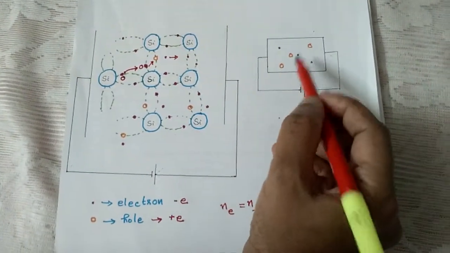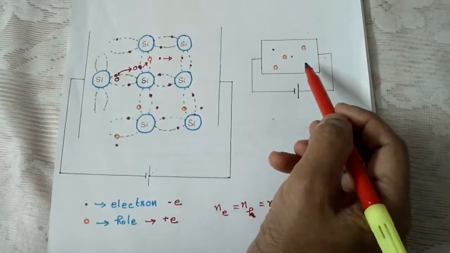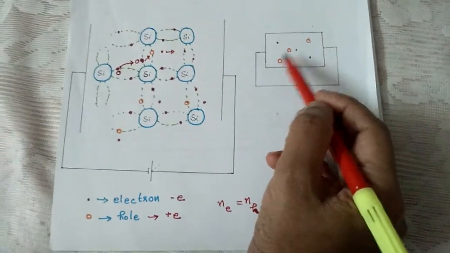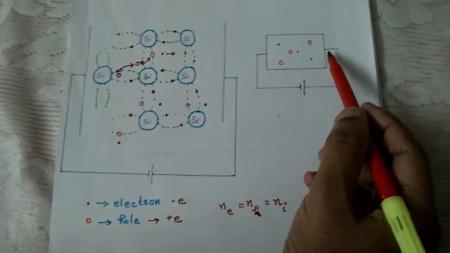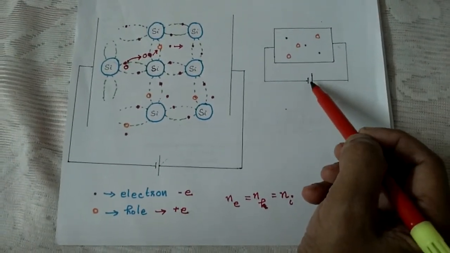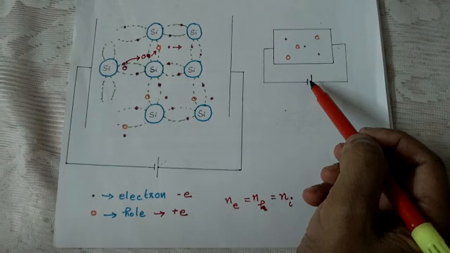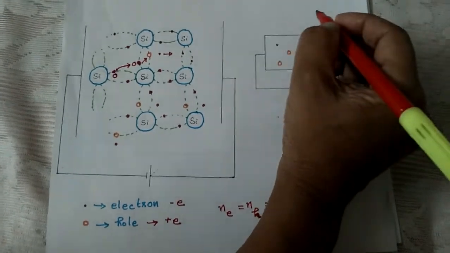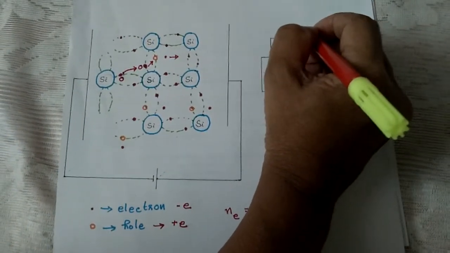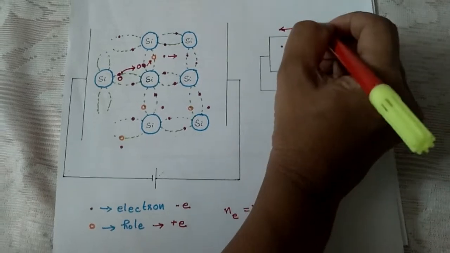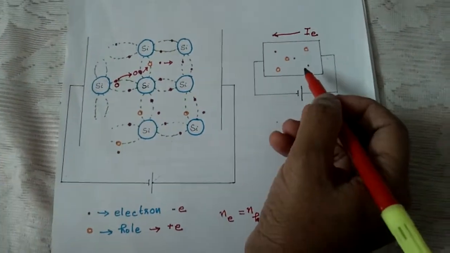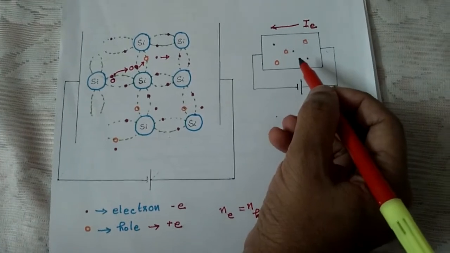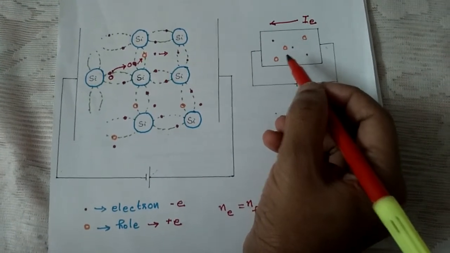So here you can see in a semiconductor crystal there are free electrons and holes. The free electrons will move towards the positive terminal and this creates electron current. The electron current will be in the opposite direction. Direction of current is opposite to the direction of motion of free electrons.